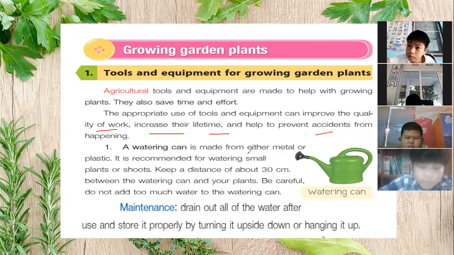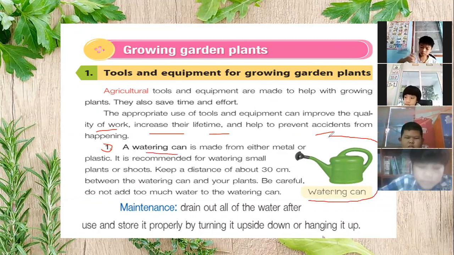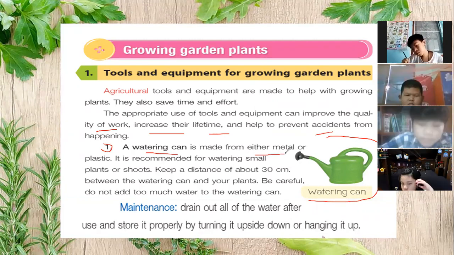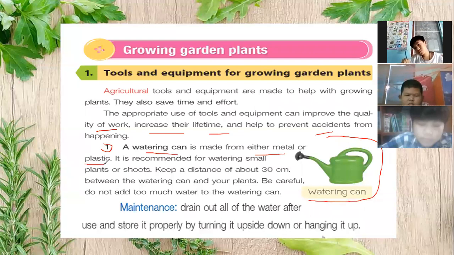So tools and equipments. Number one, watering can. Here you can see, students, on your screen, this is what we call a watering can. The watering can is one of the important equipment for growing a garden. It is made from either metal or plastic.